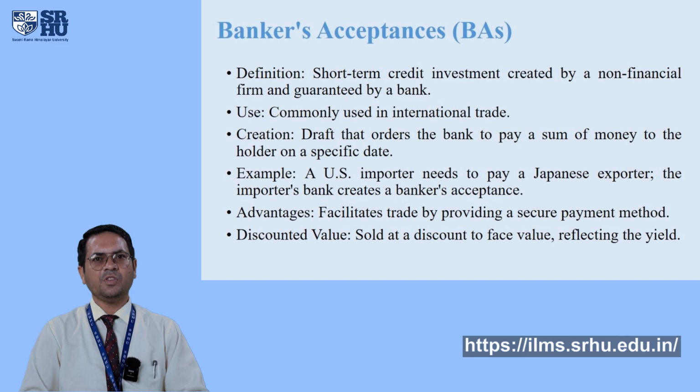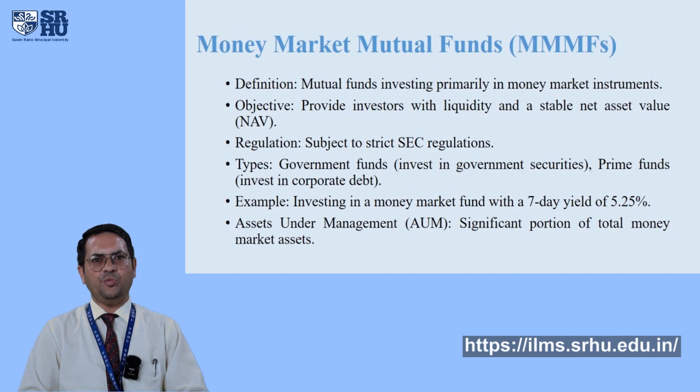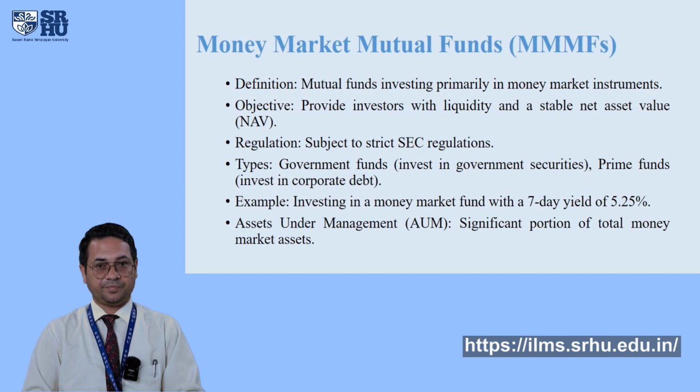So, now we come to the final instrument on our list, that is money market mutual funds, in short known as MMFs. These are mutual funds that invest primarily in money market instruments like T-bills, CPs, CDs and repos.